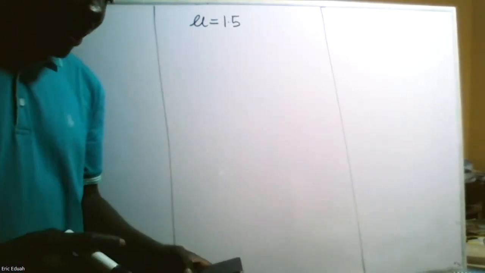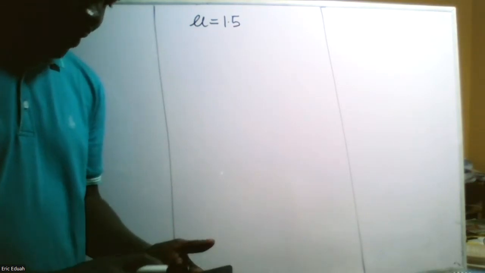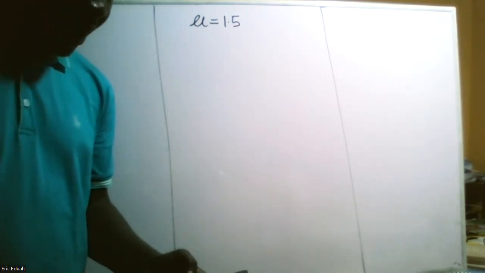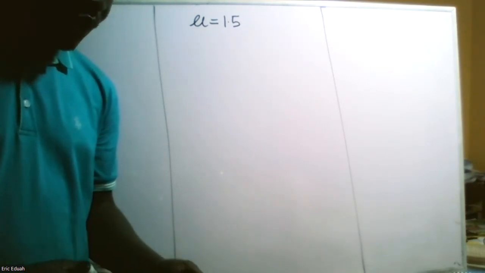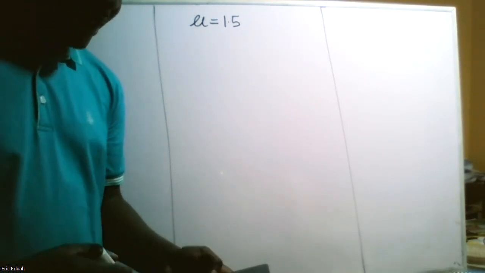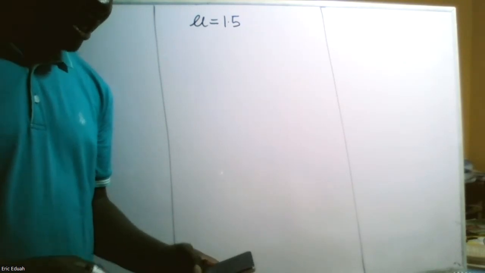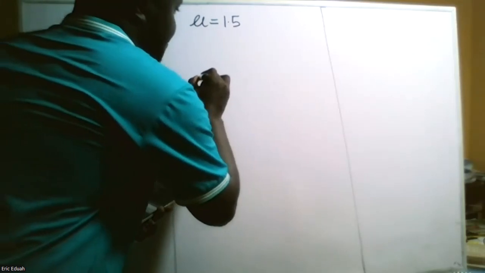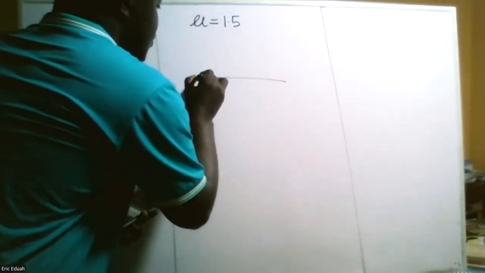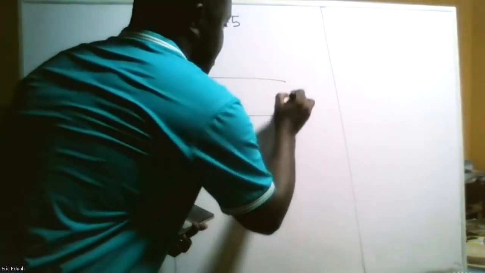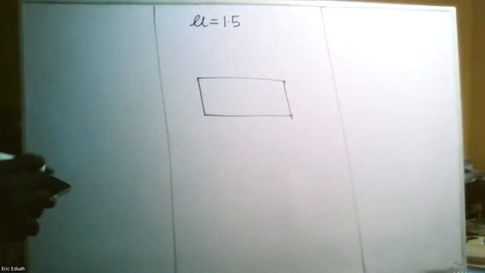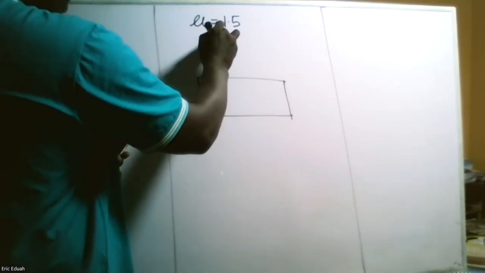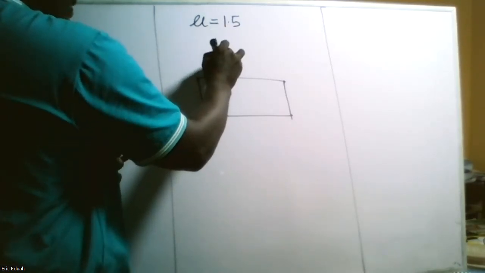Then what is the angle of incidence of the ray if the angle between the reflected ray and the refracted ray is 90 degrees? So let's draw a rectangular prism. So light hits on it, but let's first have the normal.